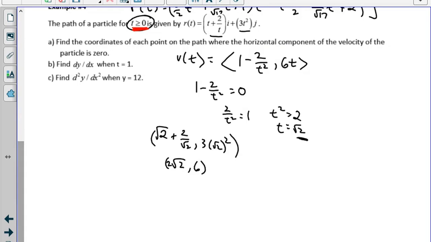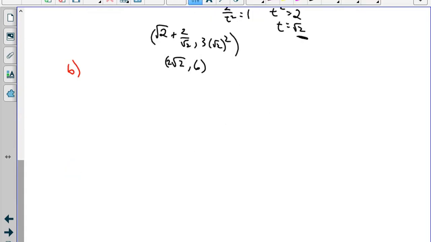Part B. We're going to find dy dx when t equals 1. Once again, the velocity is 1 minus 2 over t squared i plus 6t j.